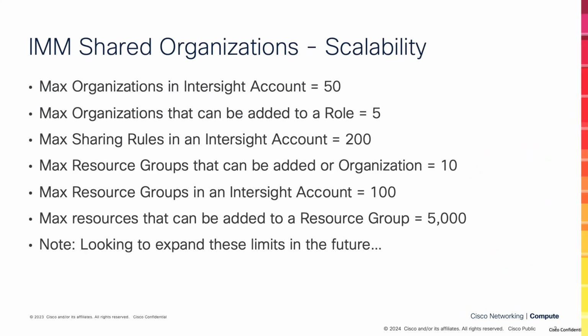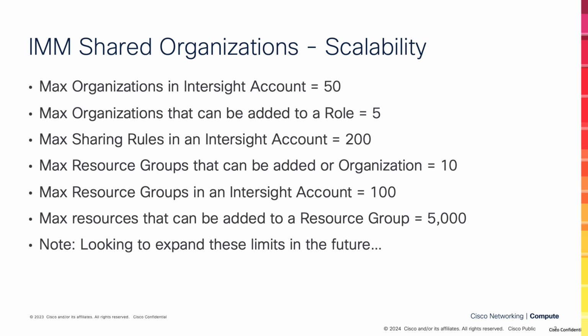Okay, so I wanted to include a slide that talked about the scalability limits currently for organizations and shared organizations. Of course, you can have a maximum of 50 organizations in an Intersight account. The max number of organizations that can be added to a particular role currently is 5.